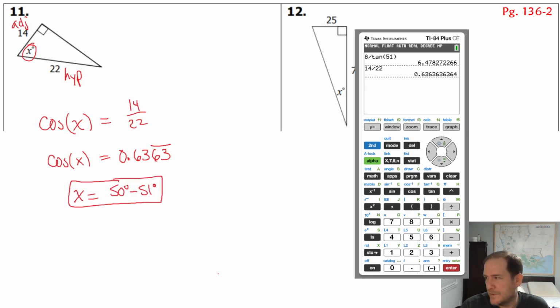But as I've said before, I would much rather you told me that x is the inverse cosine of that decimal, the 0.636363, or just use the 14 over 22, that's fine too.